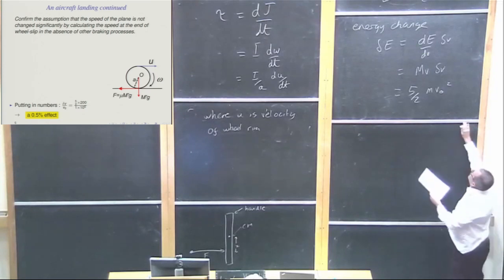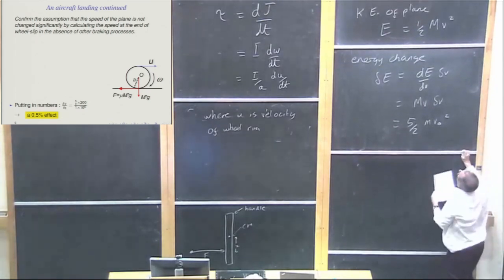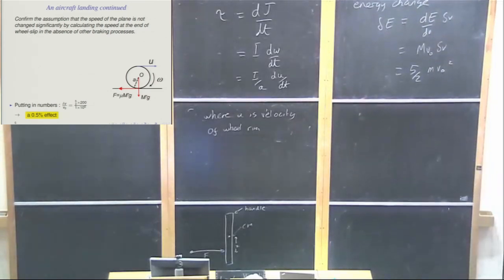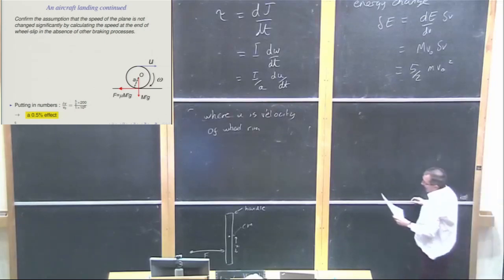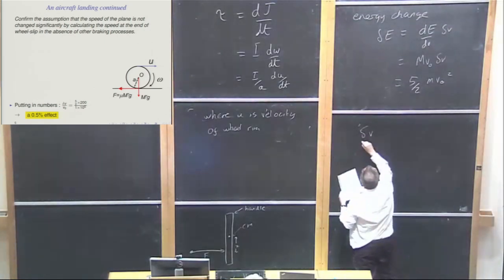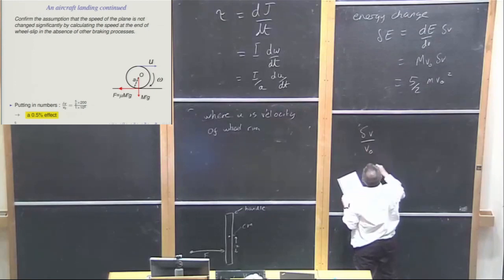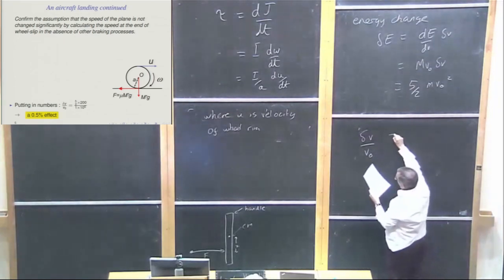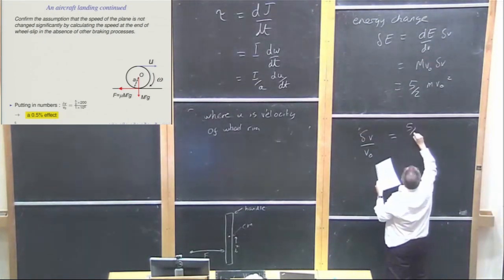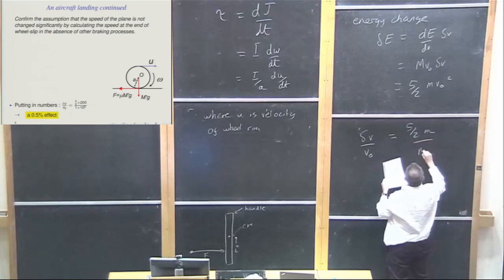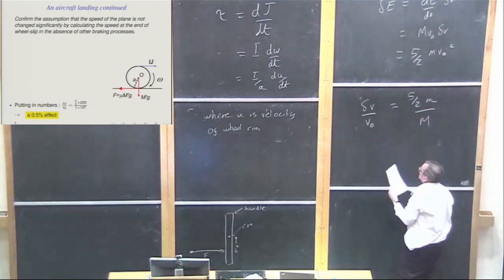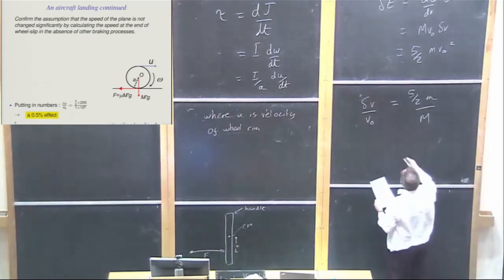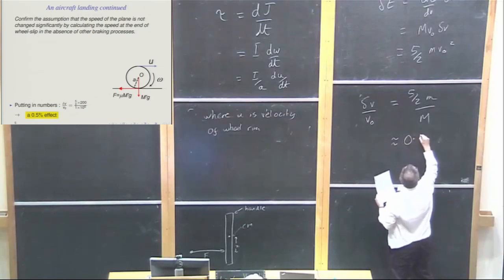And when it's landing, this v is approximately equal to v naught. Hence, we can write down the fractional change of velocity, delta v over v naught, and that will be given by 5 over 2 little m over big M. So again, we can put in the numbers, and we find that this is 0.5%.